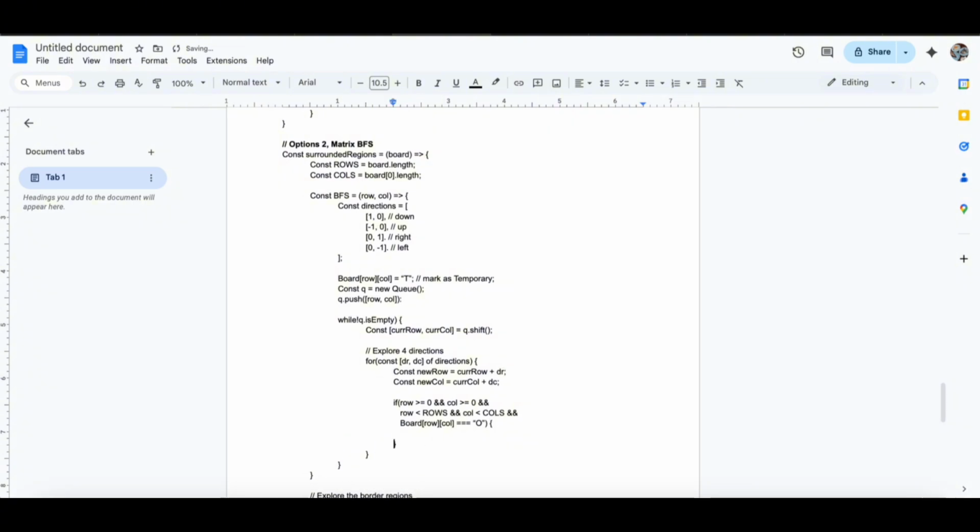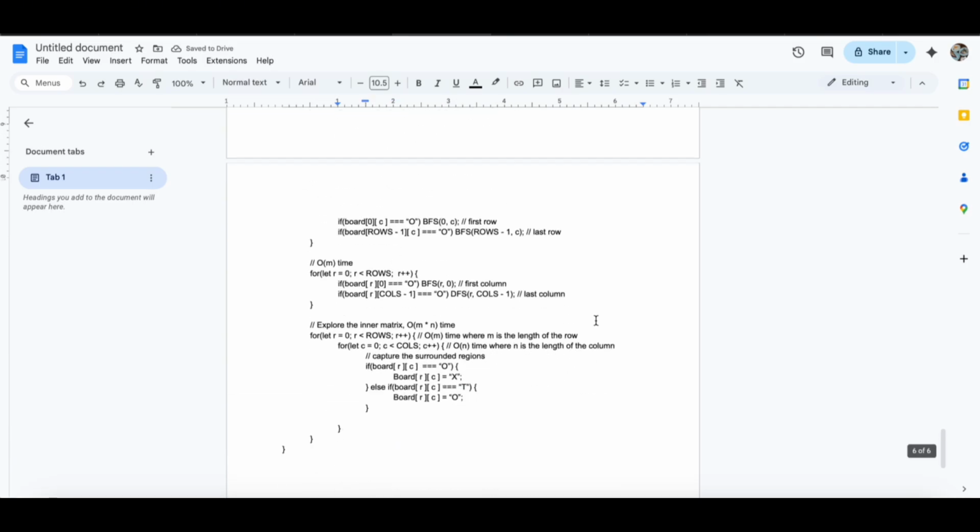We're going to mark them. This one needs to be new row and new col, right? We mark as temporary board[new row][new col], then queue push new row, new col.